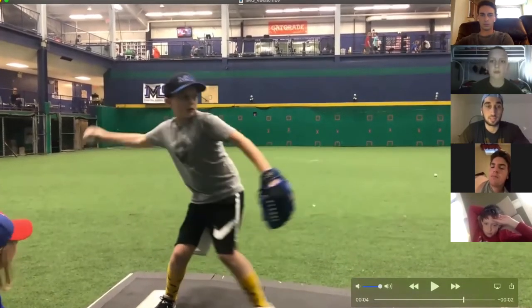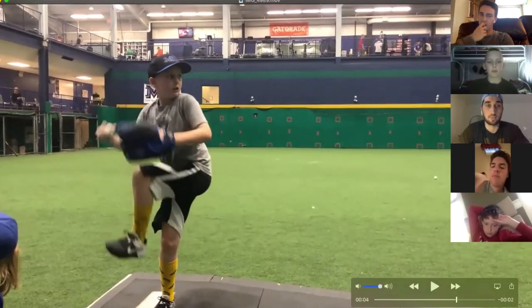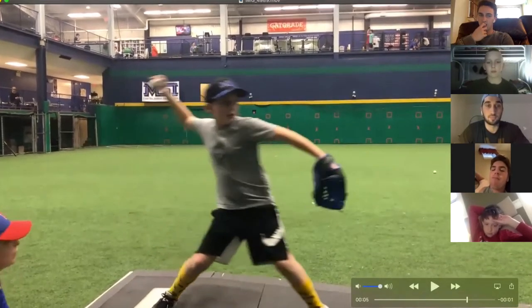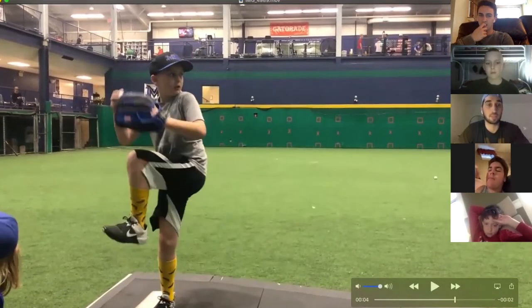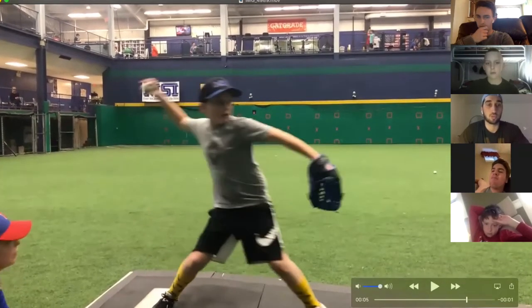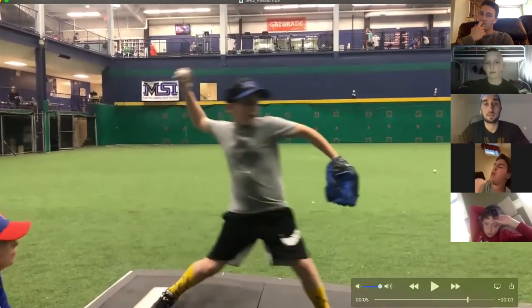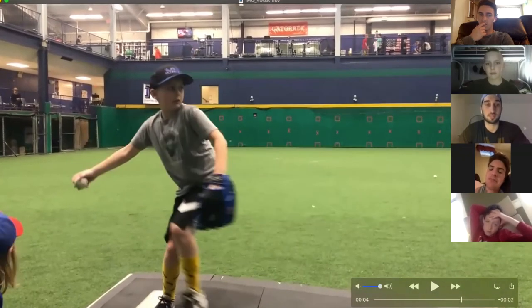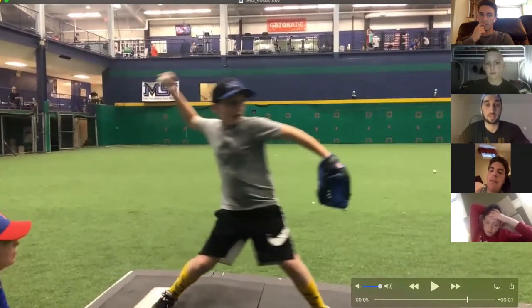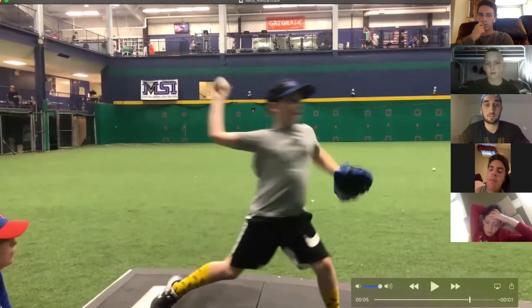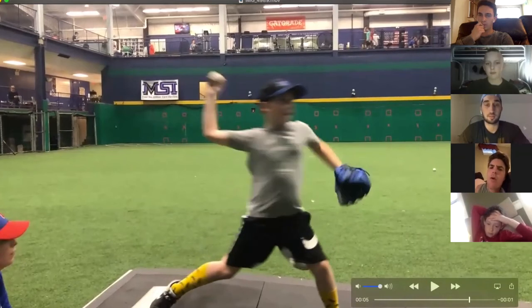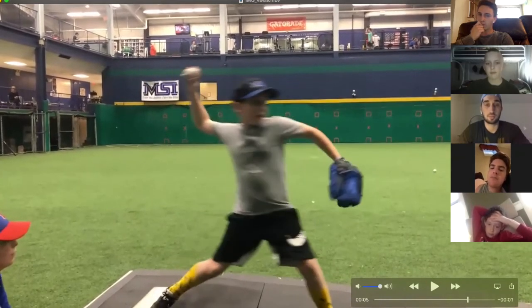We do see that he stays on that back leg pretty well. Doesn't really hinge a lot, but he doesn't really squat and come towards the camera. But as he starts to come down the mound, that front leg hits right about there. Carter's hips are open.